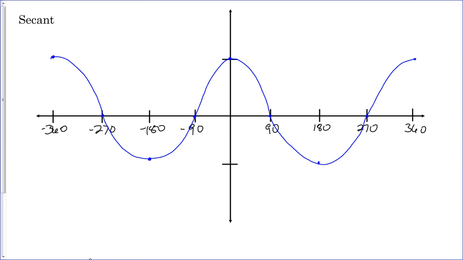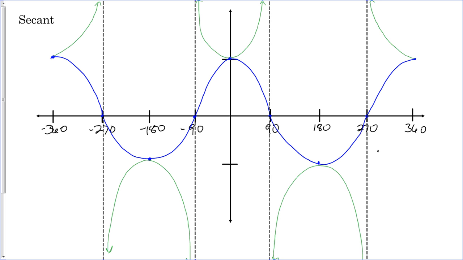Now your secant graph. The same thing that holds true for the cosecant graph holds true for the secant graph. Every place the cosine function crosses the x-axis, you have an asymptote. So the green is your secant graph. Again, the period is still 360 degrees because it still takes 360 degrees for the function to repeat.